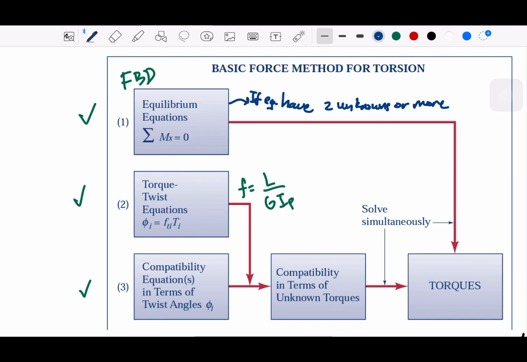In the displacement method, the difference is you change this into T, and then this is going to be K, and this will be the angle. But they're pretty much counterparts of each other, so I think we just focus on this basic force method.